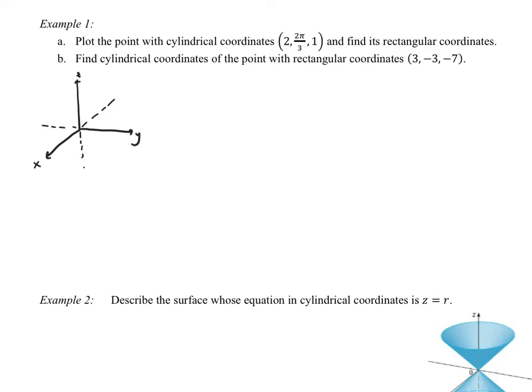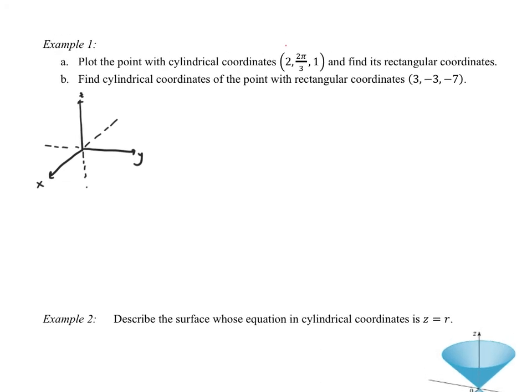Remember from the previous page, this is r, theta, and z. It's really important you keep track of that, especially with spherical coordinates, because it's easy to mix those things up. With spherical coordinates, we'll have a second angle, so keep in mind where everything is in the ordered triple.